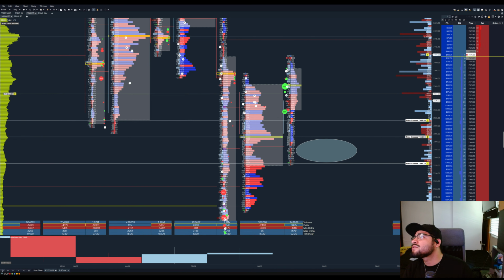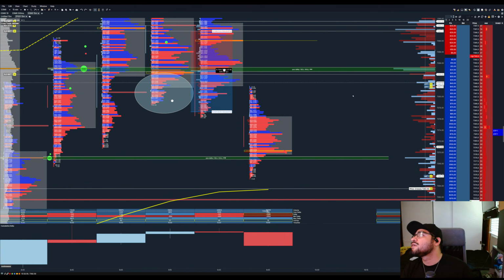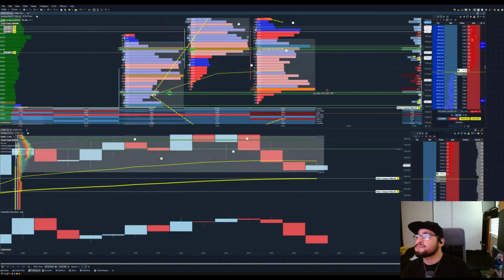Am I showing you that screen? Nope. I'm moving my stops to the top of this D-shaped profile, or balanced profile. And you can see here, price is currently between the New York session VWAP and the daily VWAP.